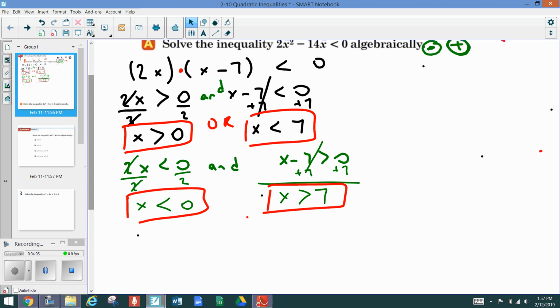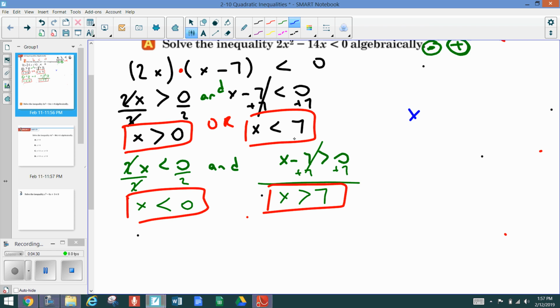All right. So time to think critically. Imagine a number. X is greater than 0, and x is less than 7. What are those numbers? Tell me those numbers. There you go. 1, 2, 3, 4, 5, 6. I can make your job easier like this.